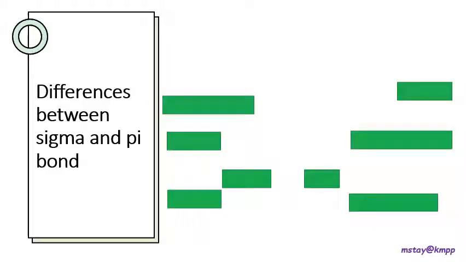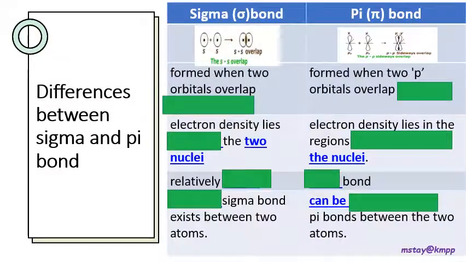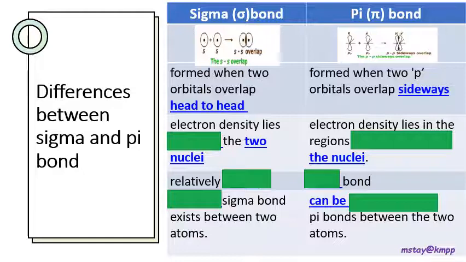Now, let's look at the difference between sigma bond and pi bond. According to the diagram, a sigma bond is formed when two orbitals overlap head to head. However, a pi bond is when two orbitals overlap sideways. Based on the diagram above again, we can notice that the electron density lies between the two nuclei for a sigma bond.